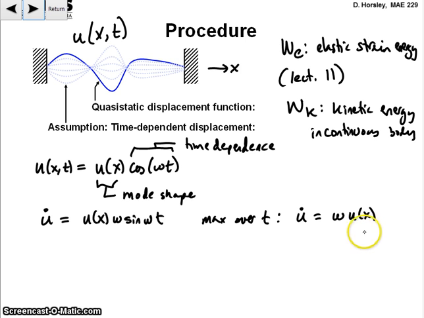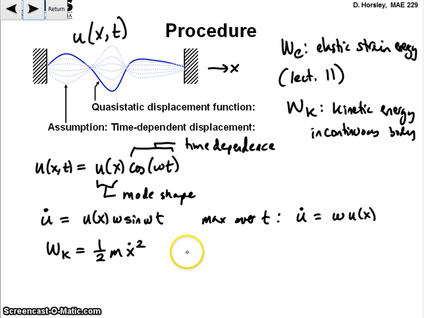So if you remember, the idea is we had kinetic energy is equal to 1/2 m x dot squared. And this is the velocity at point x along the beam.